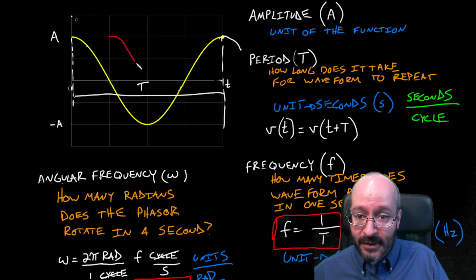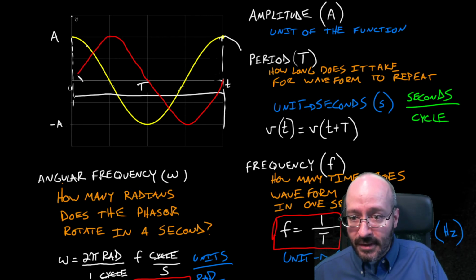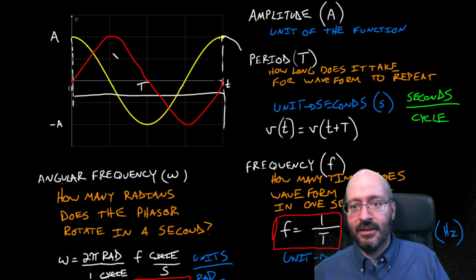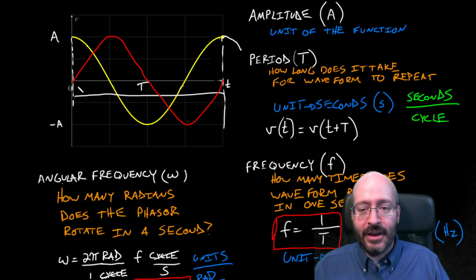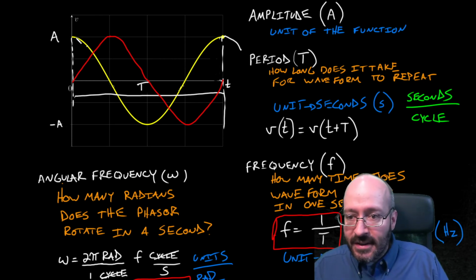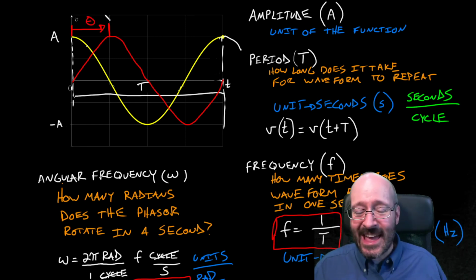Okay, so we're going to come down here. I'm freehanding this. I hope you're impressed. Okay, and then up like that. And then this one's going to come down like that. Hey, look, that's a sine wave, isn't it? It's actually a shifted cosine right now, and we're interested in how far we've shifted from here to here. Okay, and that's going to be our phase shift, and it's measured in angles.